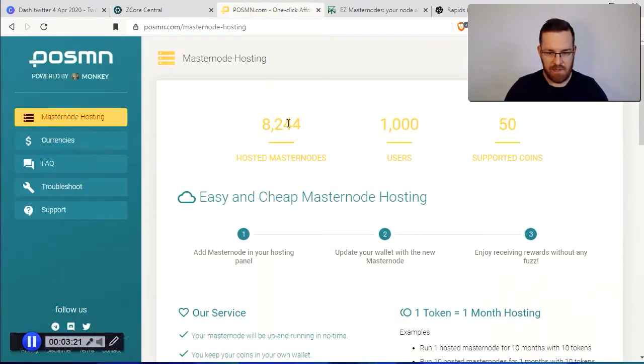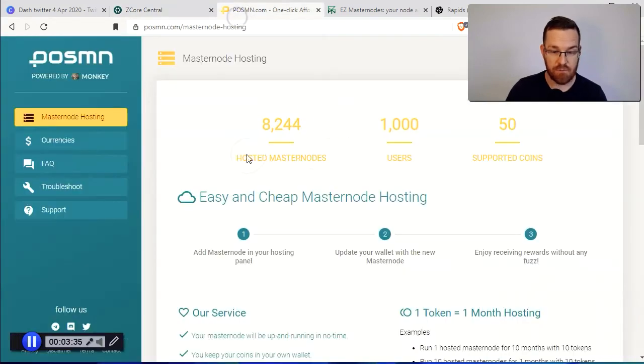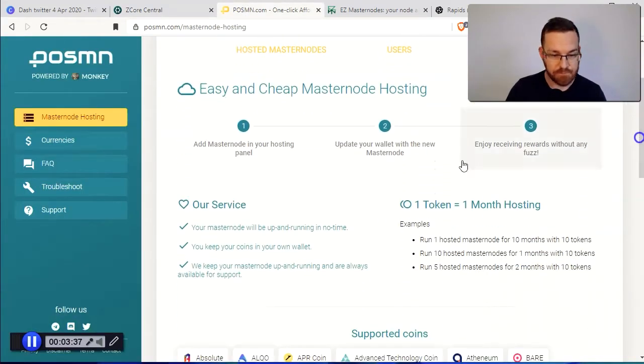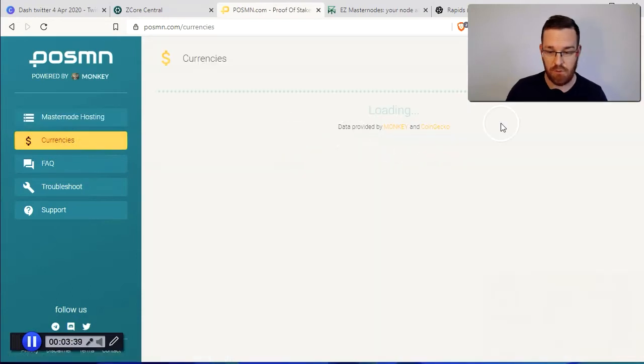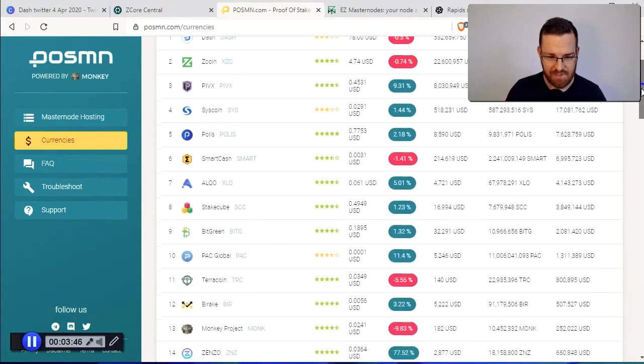Next, POSMN, hopefully I'm pronouncing that correctly. They also support 50 coins, about 1,000 users, and 8,200 hosted masternodes. So if we compare, it has even more masternodes in total on this platform. You can scroll in and look at all the different crypto they support, obviously fewer.